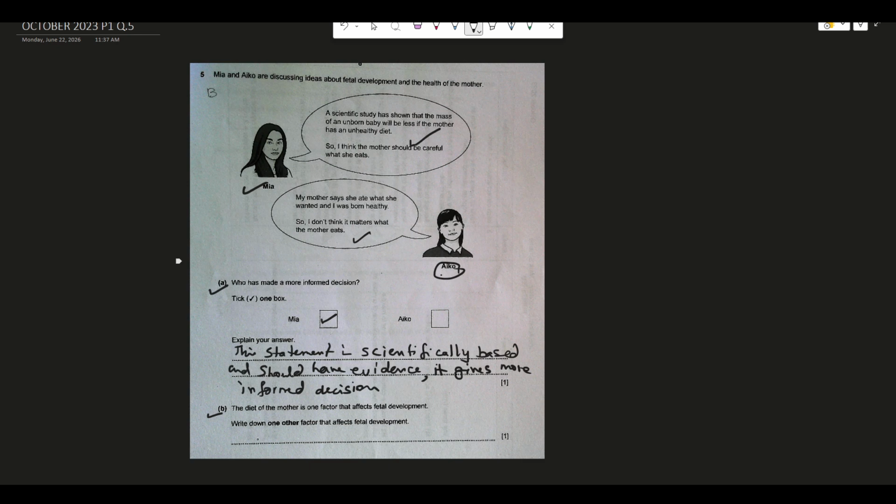So the other factor can be smoking, or you can say drugs. If you are into smoking or drugs, then the fetus will be affected in a negative way. So these can be included as factors, but they have a negative effect.